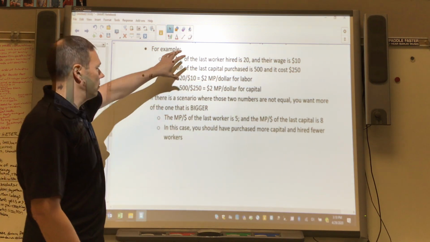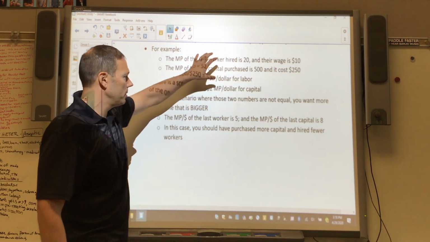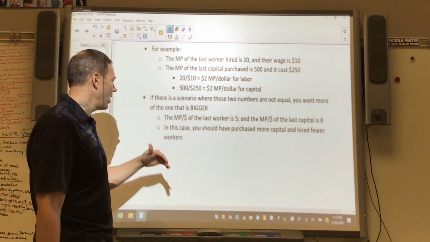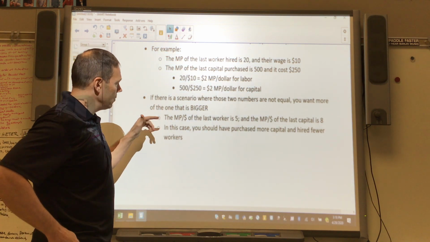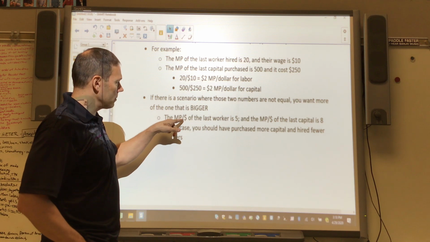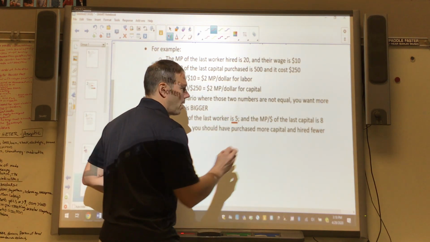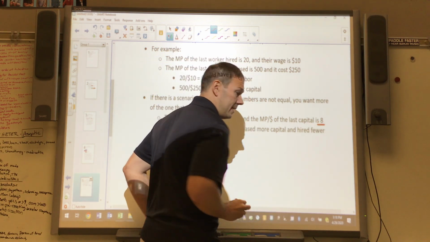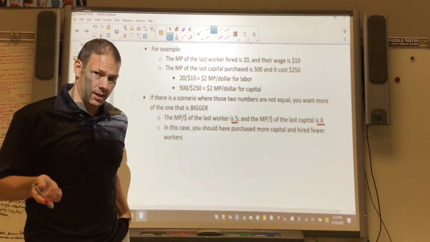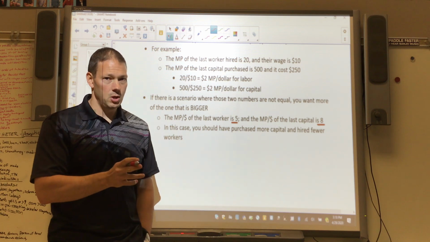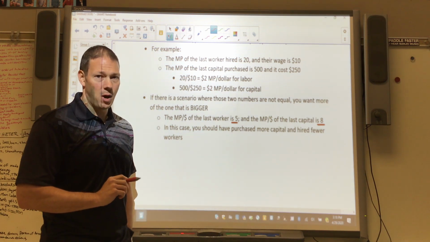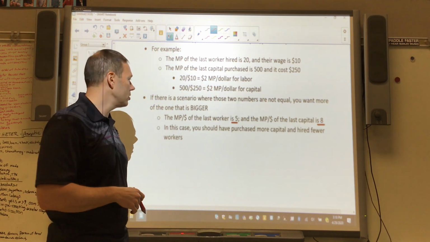So they'll usually give you some numbers like I give you up here and have you figure it out, but I'm just going to cut to the chase and say, what if you were in a situation where the marginal product per dollar of the last worker is 5 and the marginal product per dollar of the last capital is 8? Now we have a problem because those two are not the same number, so you know you did not maximize profit or you didn't hire the least cost combination.